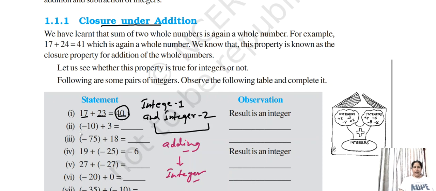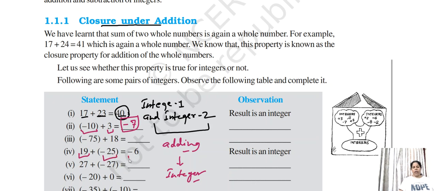Another case like -10, this is a negative integer, and +3, this is a positive integer. Again when you are adding, you got -7, and this -7 is again an integer. Okay, then in the fourth case, this 19 is a positive integer and -25 is a negative integer.